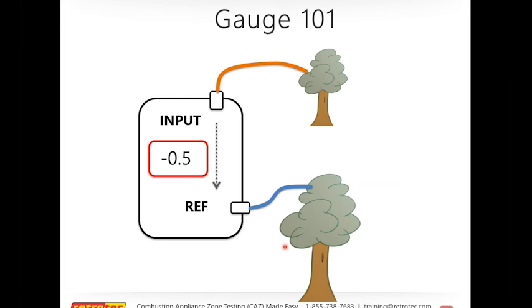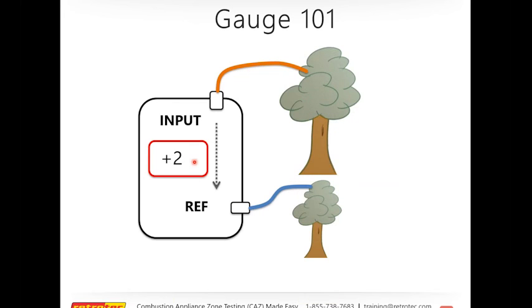So here again, now we have a gauge, and when the input is the smaller tree with reference to the larger tree, we have a negative outcome. We switch those up, and we reference the larger tree to the smaller tree, and now we have a positive outcome. Does that make sense to everybody?